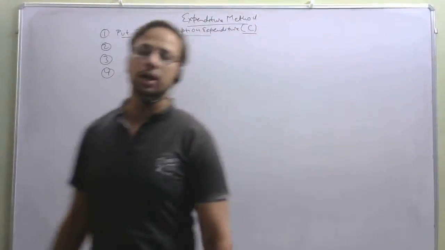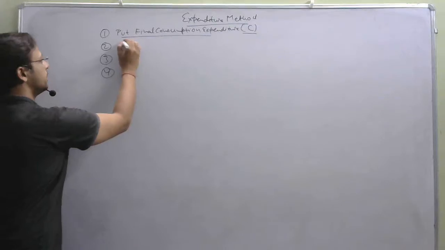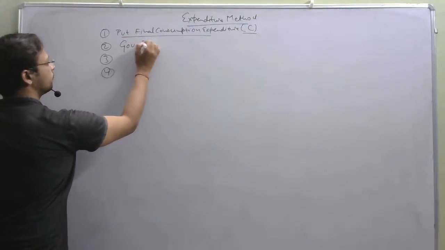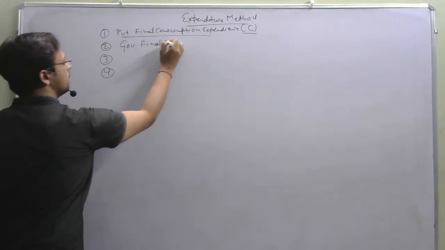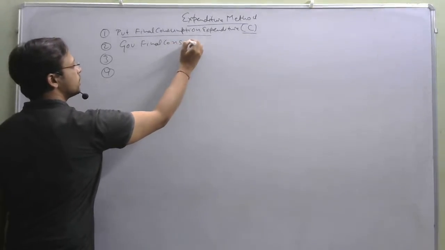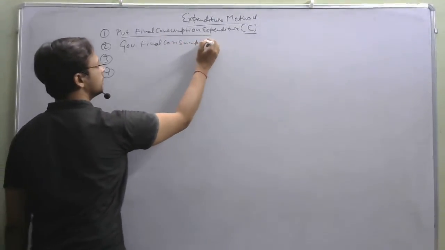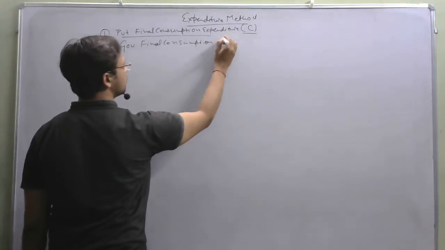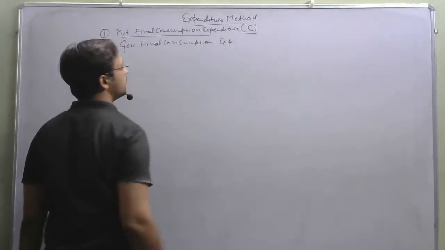Next is your government final consumption expenditure. It is the expenditure done by the government on consumption of final goods, and it is known as government final consumption expenditure.